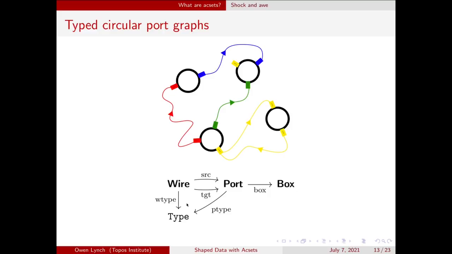You can have outer ports, which are a different thing. And all of them have different schemas. Here is one particular type of port graph, which is a typed circular port graph. So there's only one type of port. To each port is assigned a box. To each wire is assigned a source and target port. And then finally, wires and ports both have types.